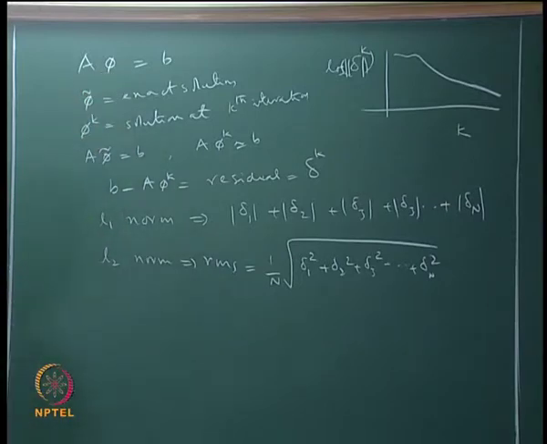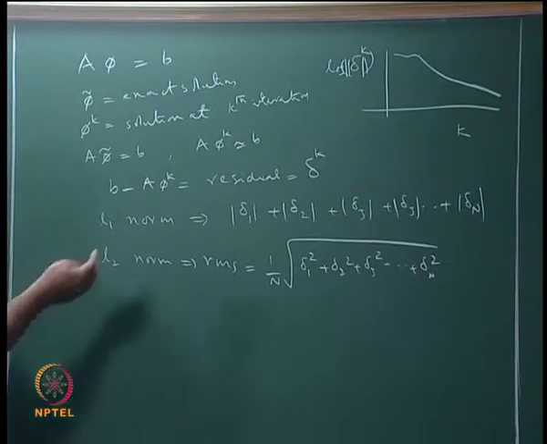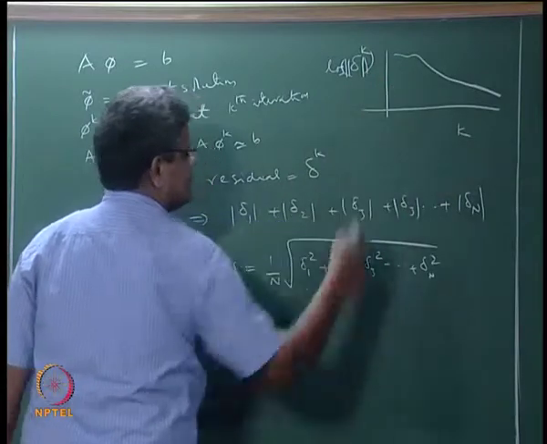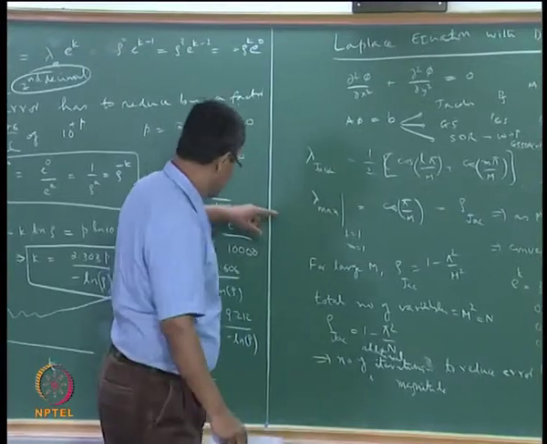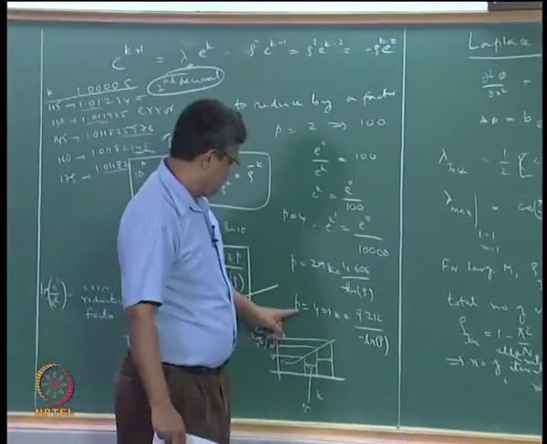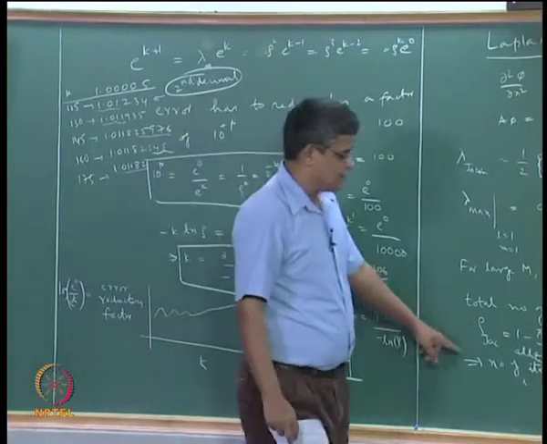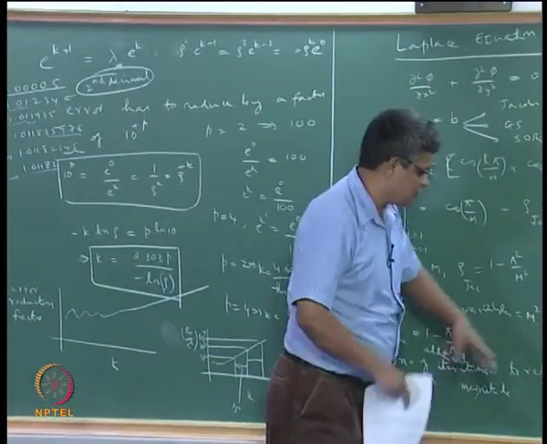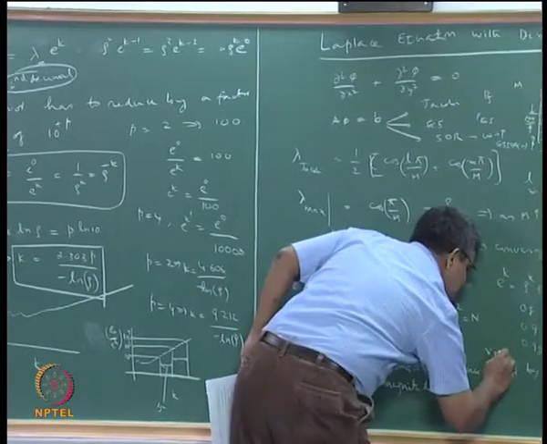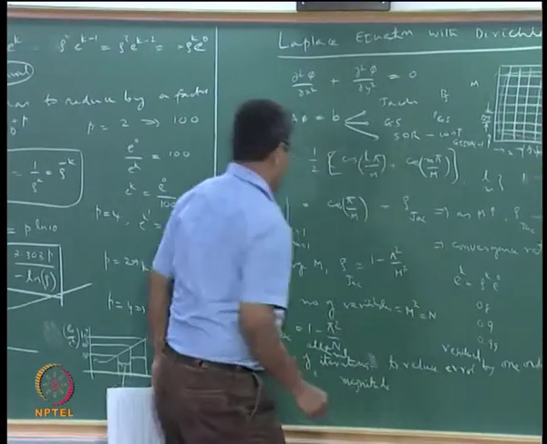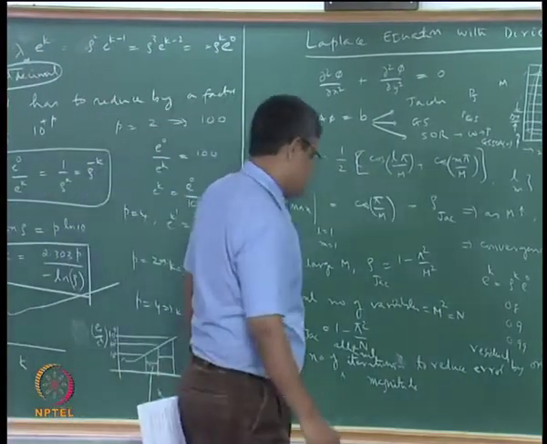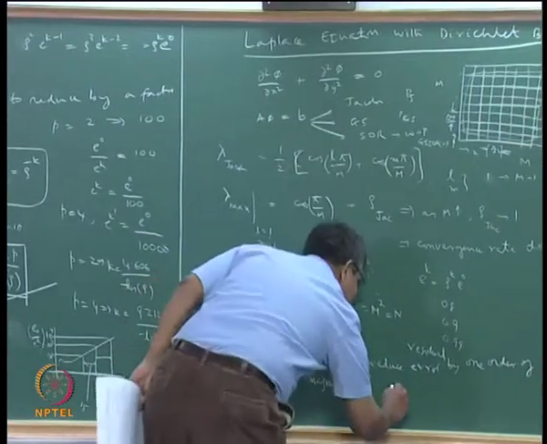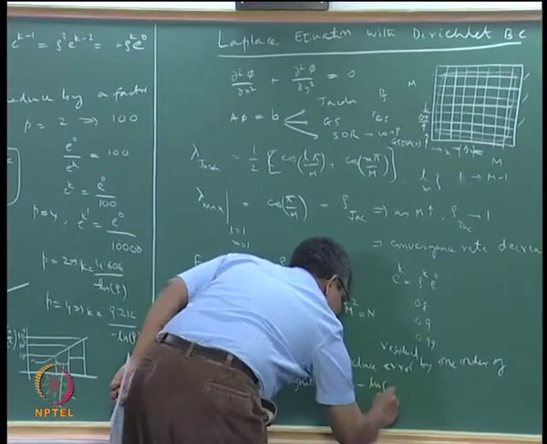So we would like to reduce this residual to a very low value, and that residual norm variation follows the same way as the eigenvalues. Okay, so the spectral radius and the number of iterations required to reduce the error or the residual is given essentially by minus ln of 1 minus rho.